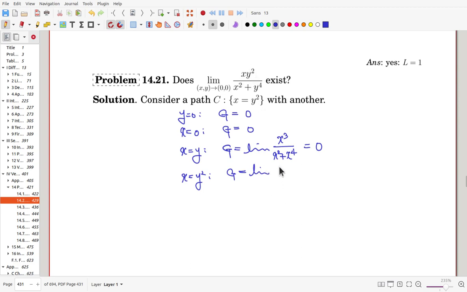So the top will be y to the 4, and the bottom, with x equal to y squared, is 2y to the 4. That is always a half, so the limit is a half. So we found two paths along which the limits are different, for example, this one and that one.